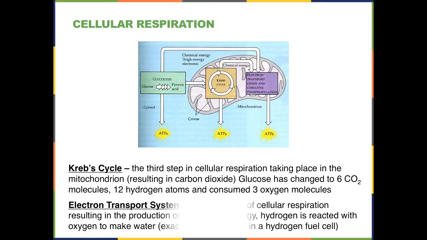The last process is called the electron transport system, or the electron transport chain. This by far produces the most energy of the 3 energy producing processes, and in this process hydrogen is reacted with oxygen to make water. And as I point out here, this is exactly the same process that occurs in a hydrogen fuel cell.